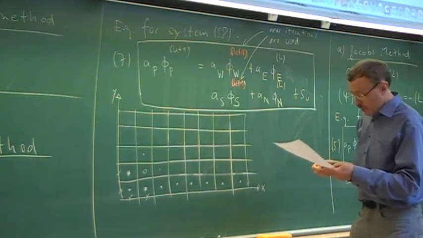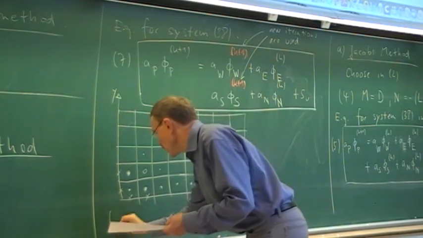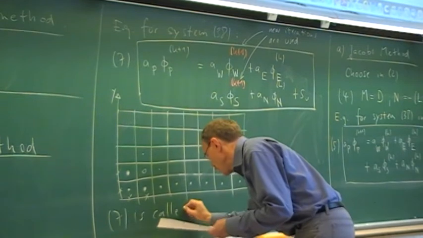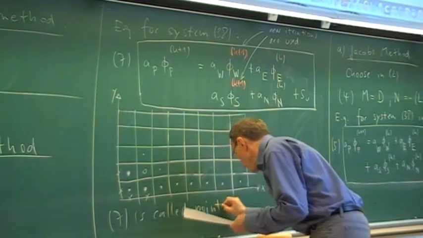That is the difference. And that is then called point Gauss-Seidel.